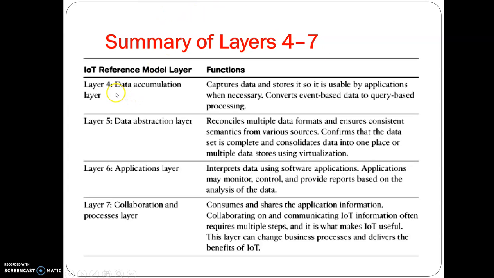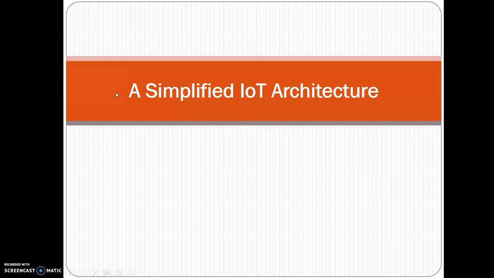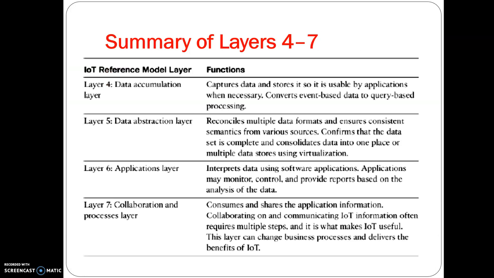The fourth layer is the data accumulation layer. The functionality of this particular layer is to capture the data and store it so it is usable by applications whenever necessary, converting event-based data to query-based processing.